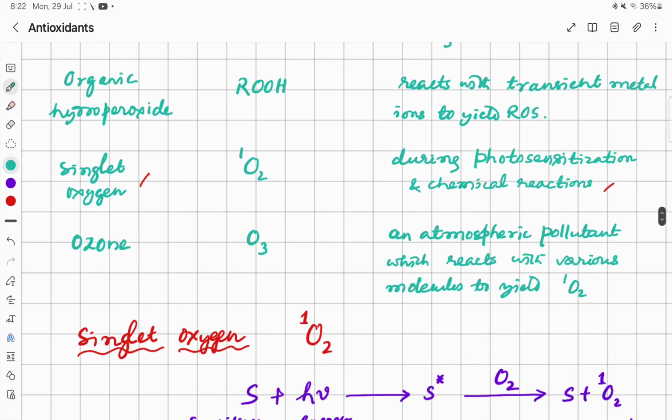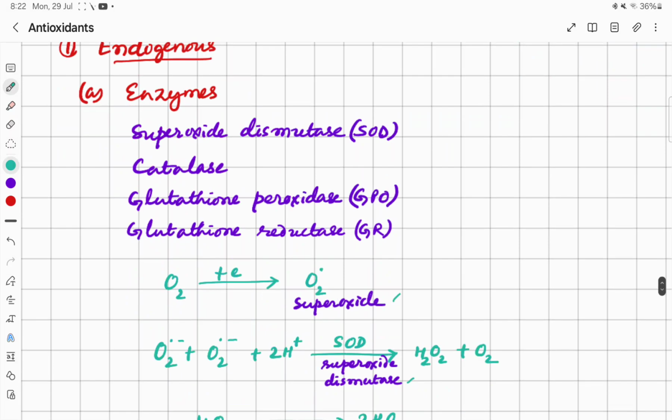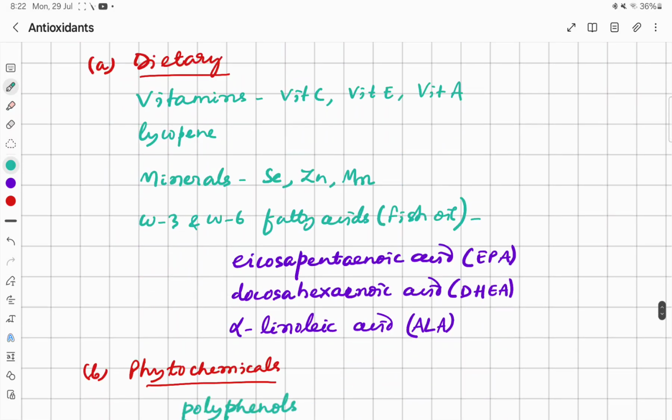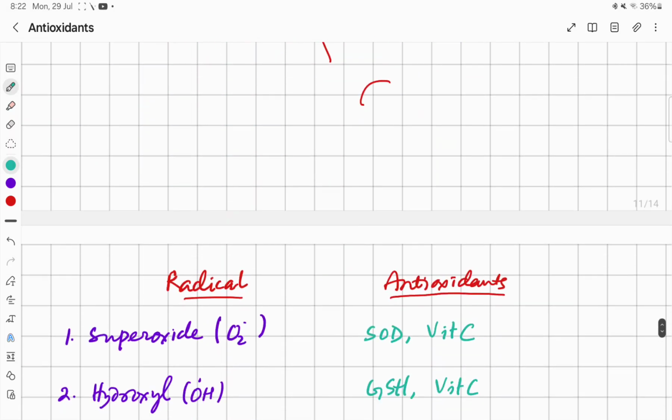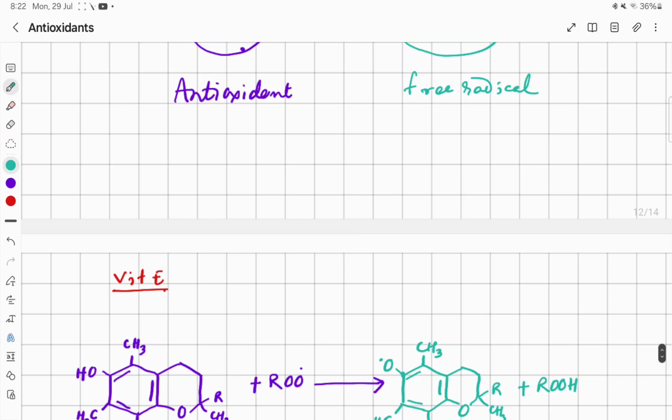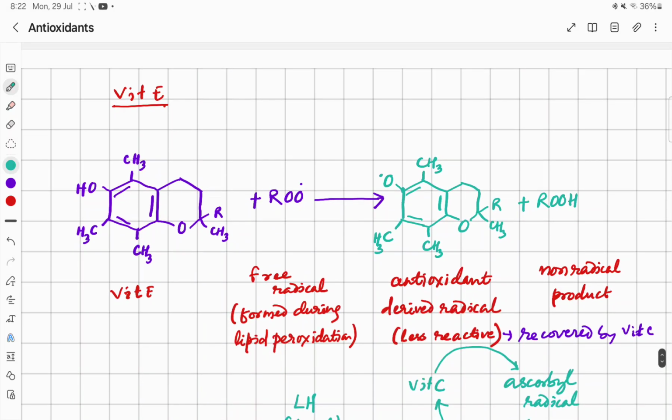Then you can see how this occurs. You can see the structure of vitamin E in presence of the lipoxyl radical. The vitamin E itself is converted to a radical which is less reactive.